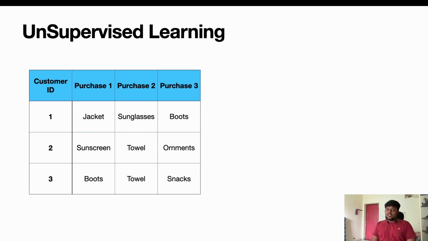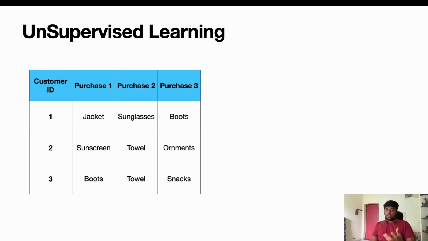But in unsupervised learning, in a real-world scenario, there won't be a label at all. As you see in this diagram, here you have only the purchase history, but it's not labeled. The model has to find the label out of this data and predict by itself.